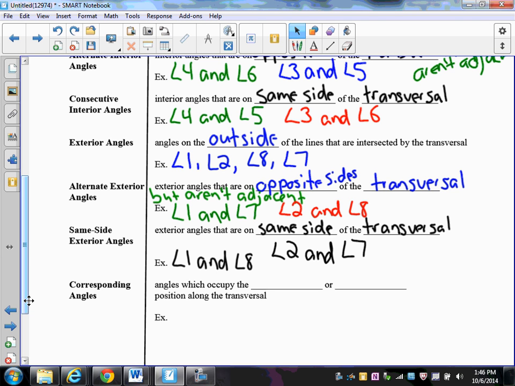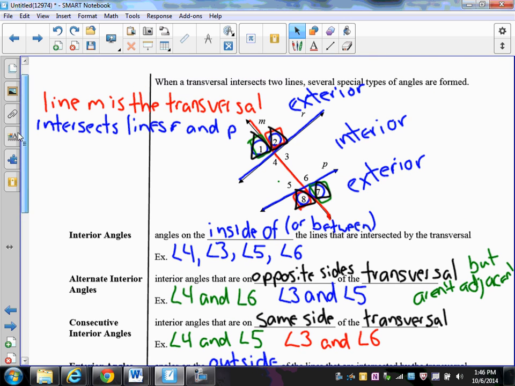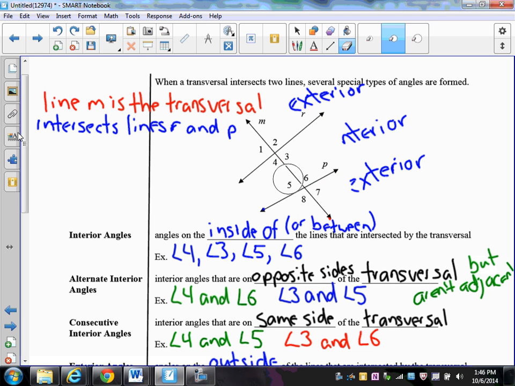The last thing I have are corresponding angles. Out of all of these angles, I would say corresponding are probably the most important. Whenever we think about corresponding angles, we need to group the angles into 2 sets, and we need to see which position we are in each of these.